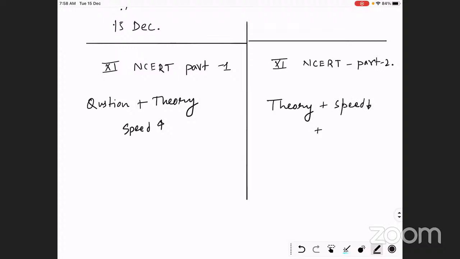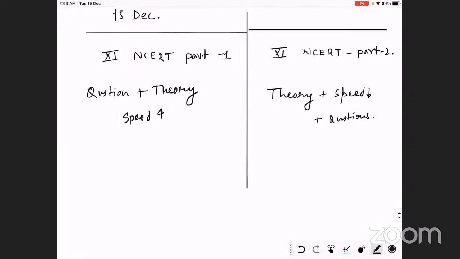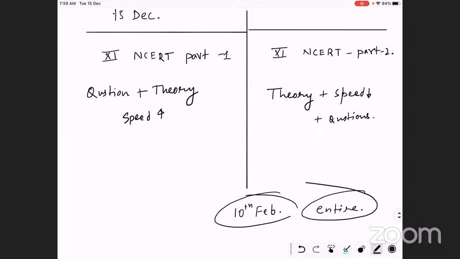It will be low, and there will be a lot of questions, no doubt. Okay, so this is how we are planning to finish class 11th as early as possible. I believe by 10th Feb we'll finish the entire 11th. Entire 11th, can you believe? And meanwhile, we'll start a revision of class 12th as well.